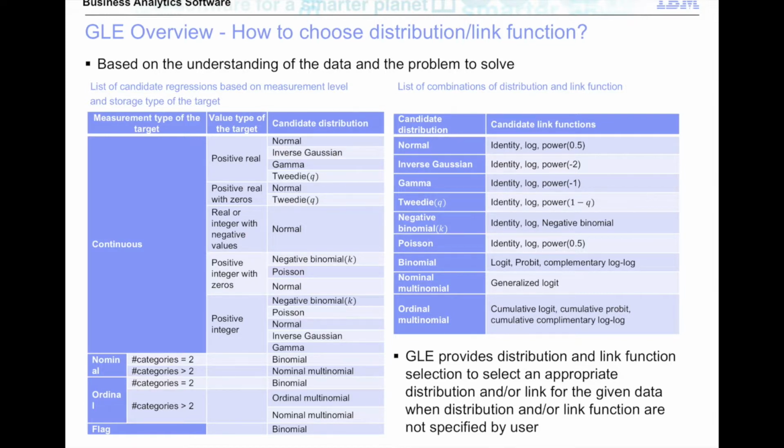But if the target is flag, only binomial is applicable. For the link function, he can select a proper one based on his understanding of the relationship between the target and predictors. For the beginner user, GLE also provides the feature of automatic distribution and link function selection to help select a proper combination for the given data.